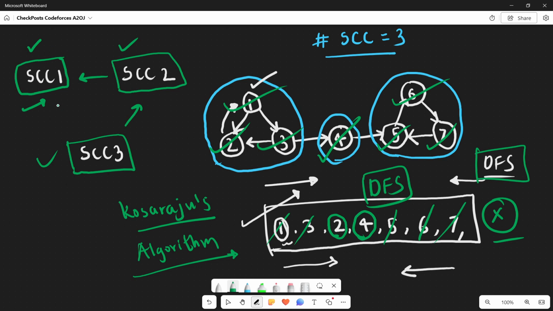When this strongly connected component is reported, we will start DFS here in the SCC2. It won't go to SCC1 because the visited array is already marked true for all the elements here, and it won't go into this strongly connected component because there is no such edge. So that's how you calculate the strongly connected components.